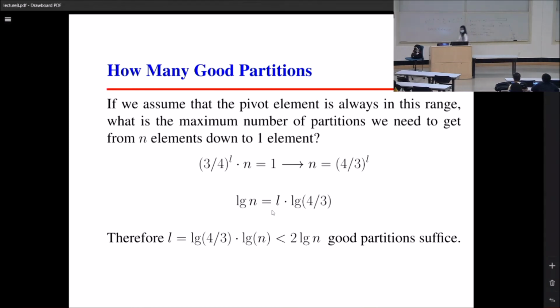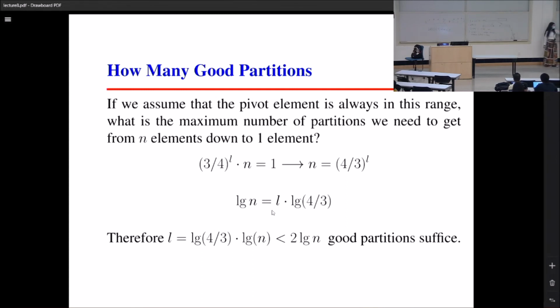Now we have the recursion. So here we have 3/4 of the elements. Let's say the height of the tree will be L. So after L partitions of the n elements, and for each partition we get 3/4 of it, finally it will reach 1 element.